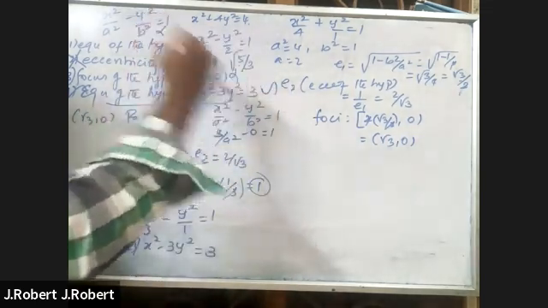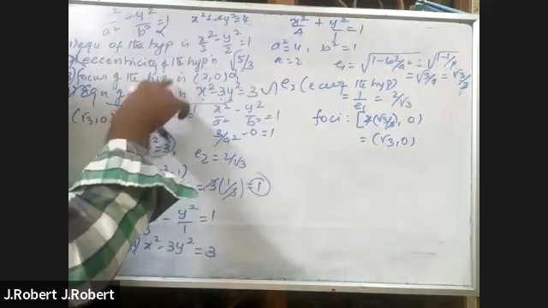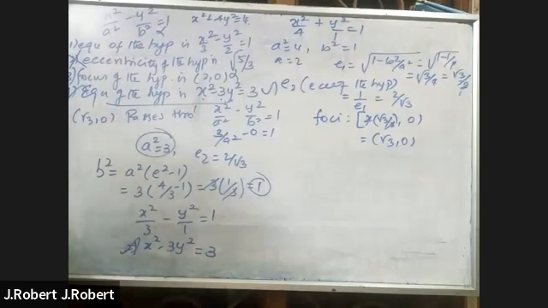Now the foci of the hyperbola are (ae, 0).